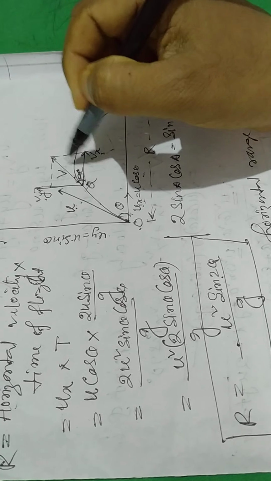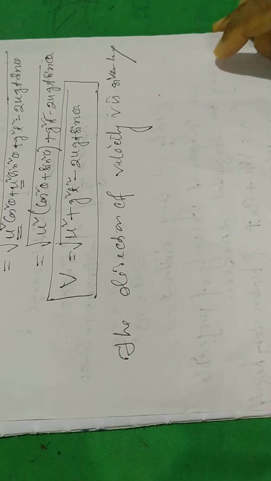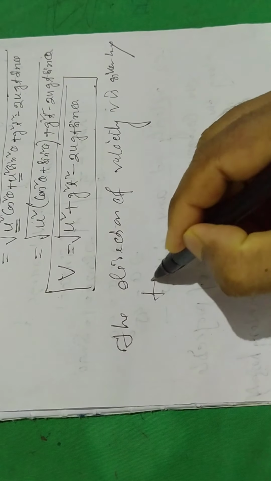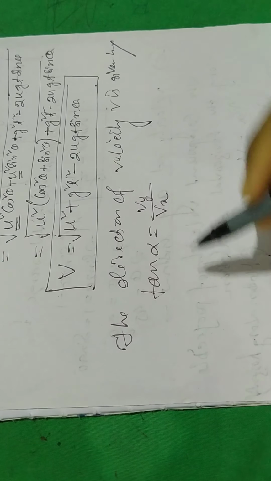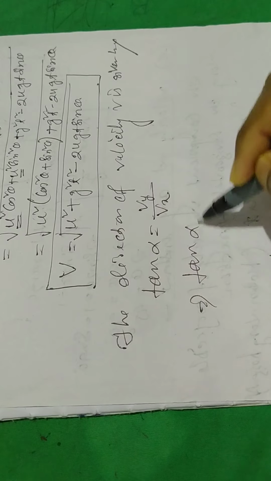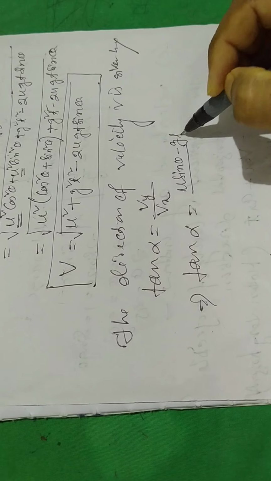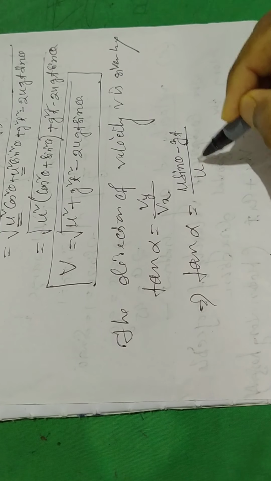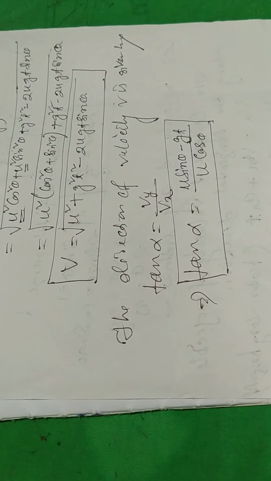So tan alpha equals vy by vx. Already we know vy is u sin theta minus gt and vx is u cos theta. This equation gives the direction of the velocity of the projectile at any instant at point Q. Thank you.